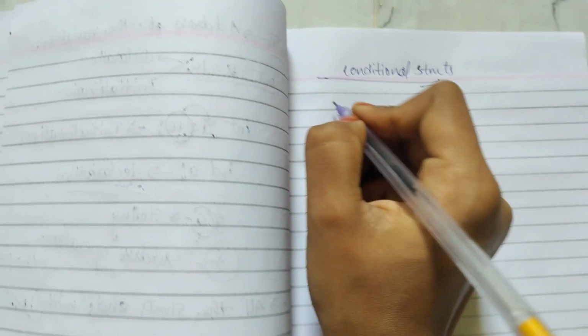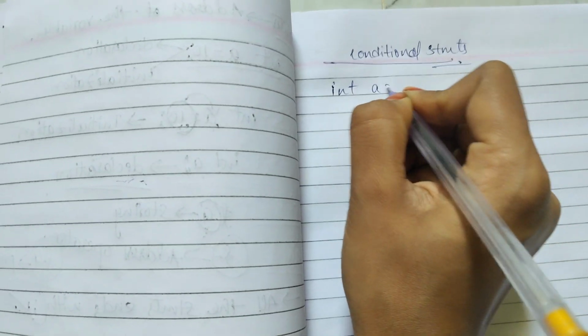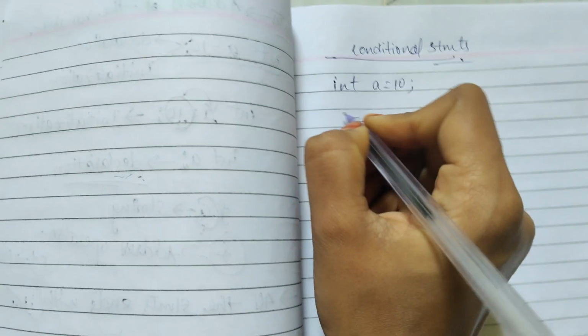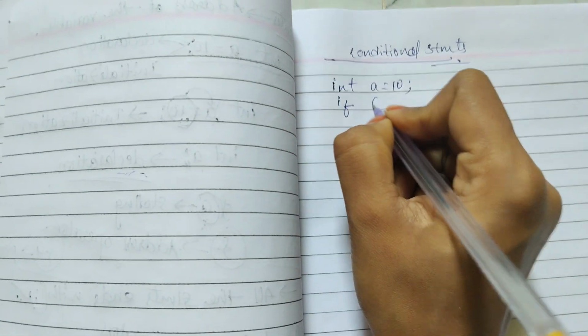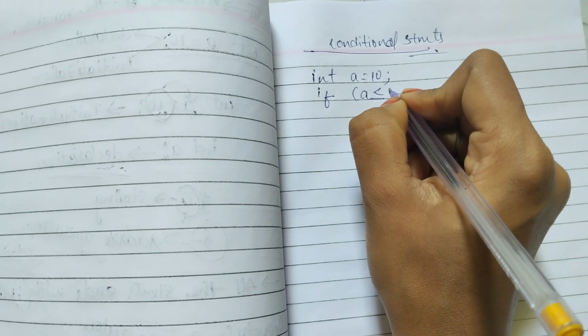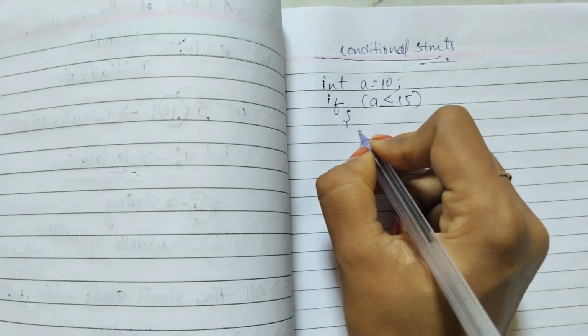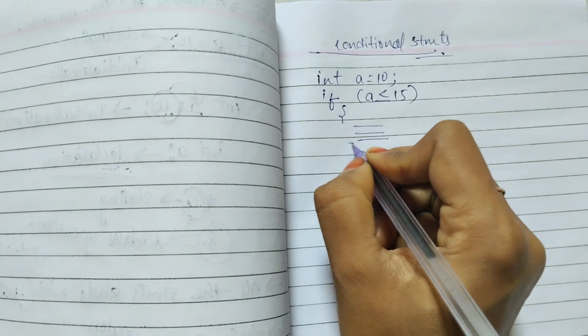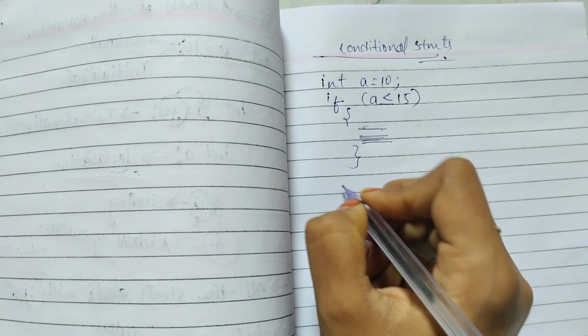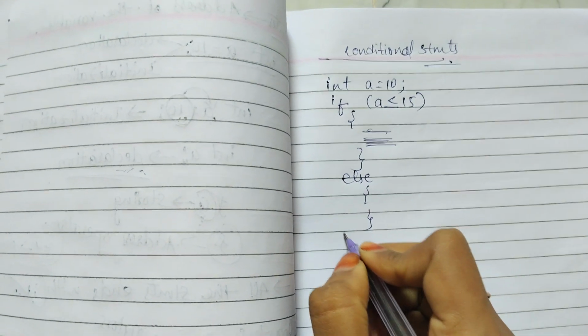For example, I will take int a is equal to 10. If a is less than or equal to 15, then it will print whatever is there inside here, else it will print this statement.